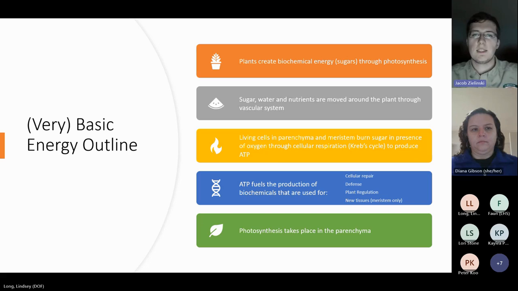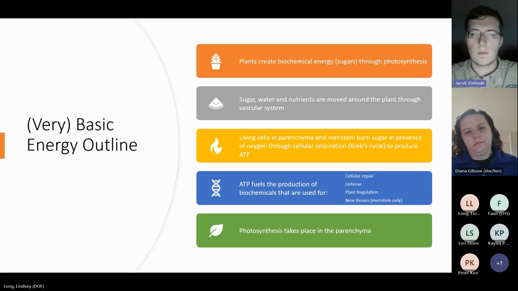Then the living cells in the parenchyma and the meristem, those sites of growth, burn that energy and use it to create cells. With the Krebs cycle you're producing ATP, growing your cells, doing all sorts of cellular respiration.